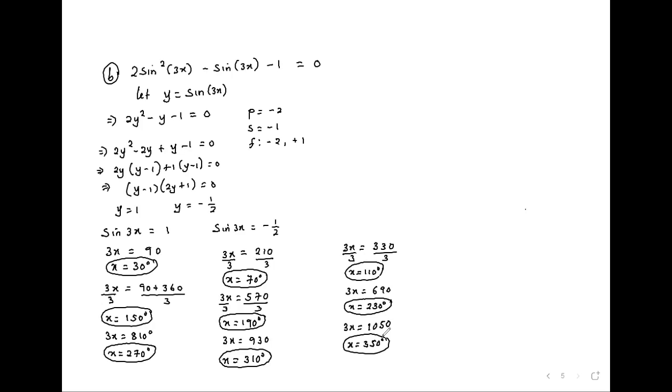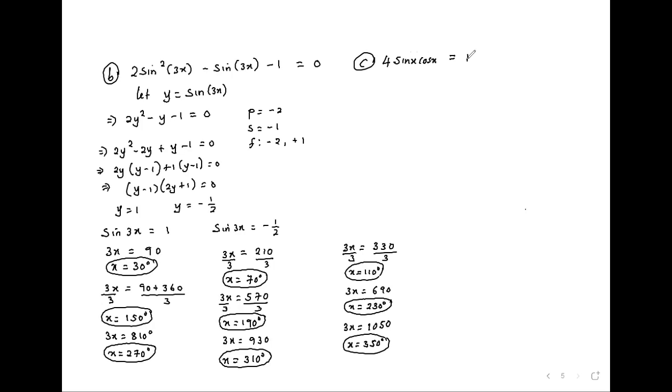Let's look at C. Maybe C, I'll leave it somewhere for you to finish. So C is 4 sine x cos x is equal to 1. So you'd think of maybe I divide by 4. But remember the identities.